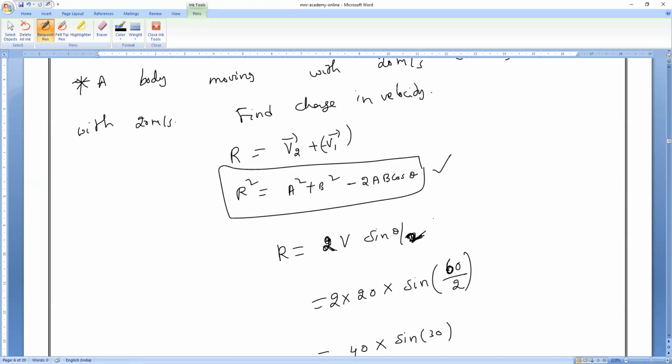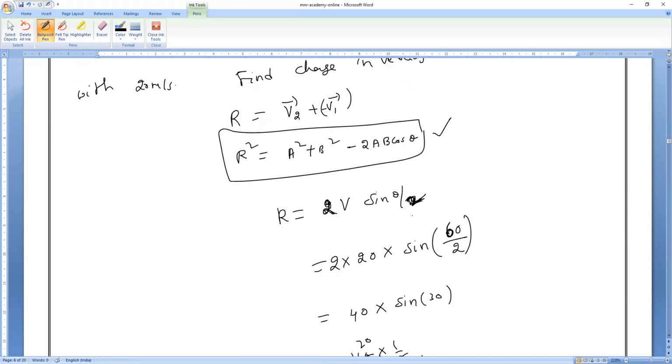Sir, but when we put R square equal to A square plus B square minus 2AB cos theta, it is coming 20 root 3. Let us try it first.